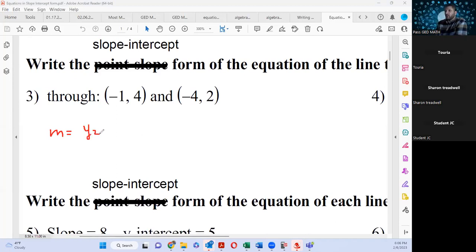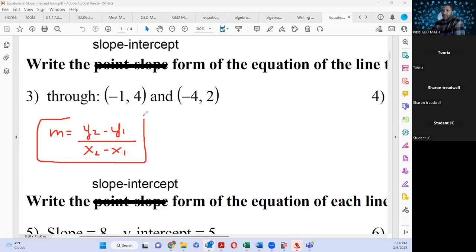It's y2 minus y1 right over x2 minus x1. You cannot get those confused. A lot of people, for some reason, put x2 minus x1 on the top. You should know how to use it, but remember, you don't have to memorize it. You can just use your formula sheet. But knowing when to use it is important.